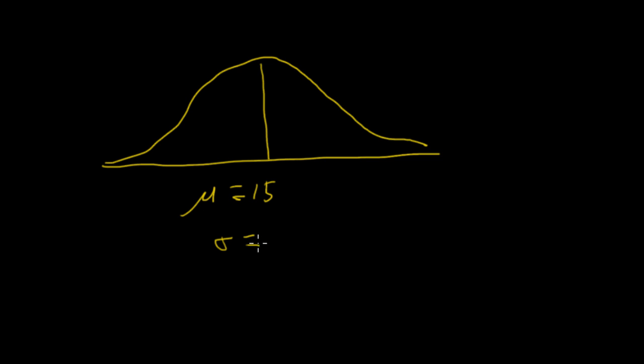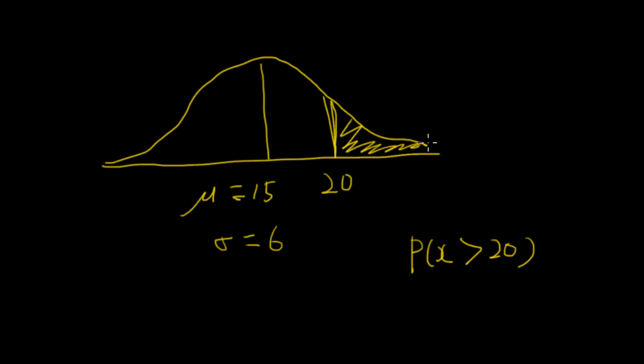The standard deviation is 6, that's what this says. And I guess 20 should be about here. Let's say 20 is there. And we want the probability of X being bigger than 20, meaning they want this proportion.